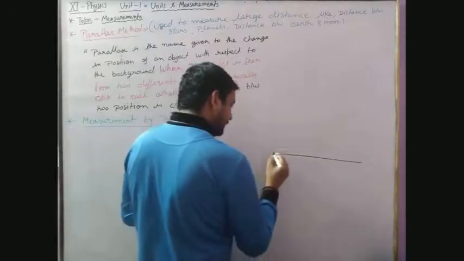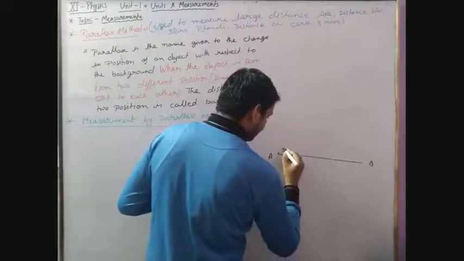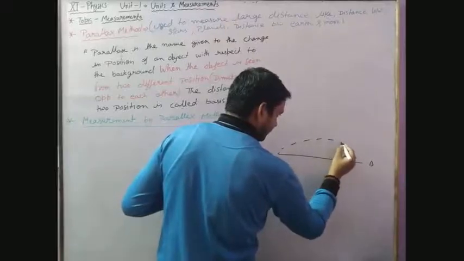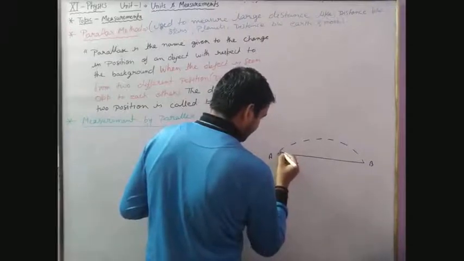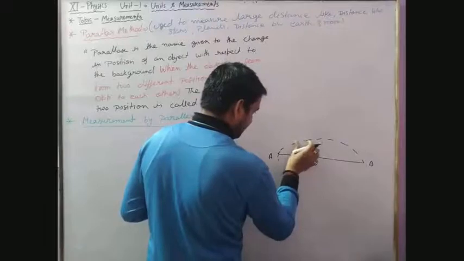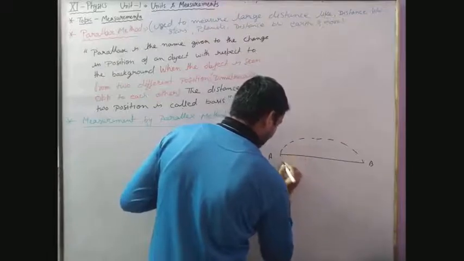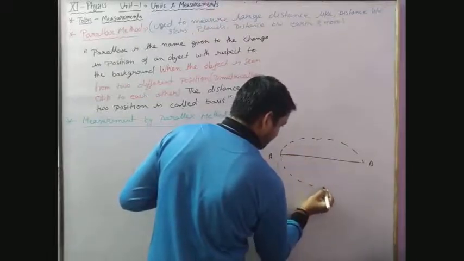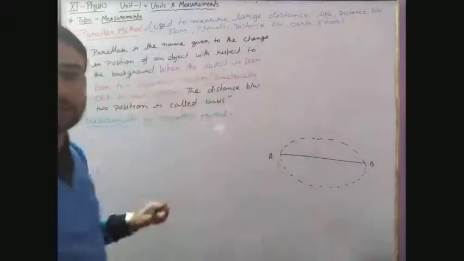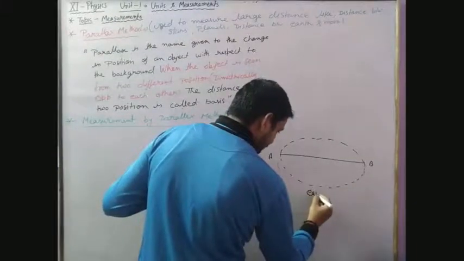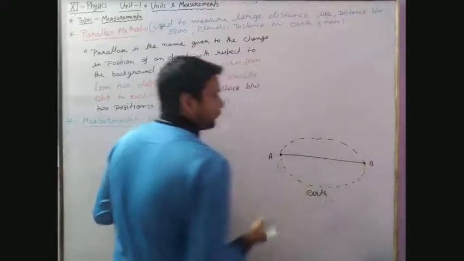Suppose this is the equator of the earth at points A and B, where A and B are two diametrically opposite points.